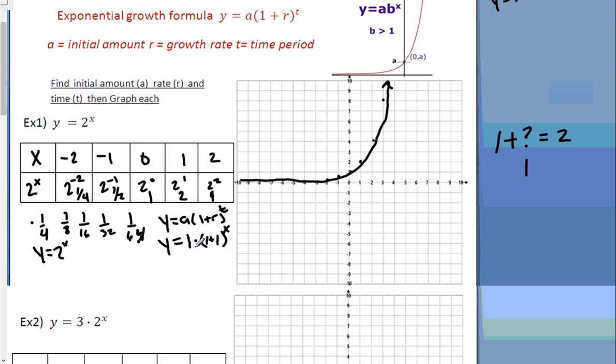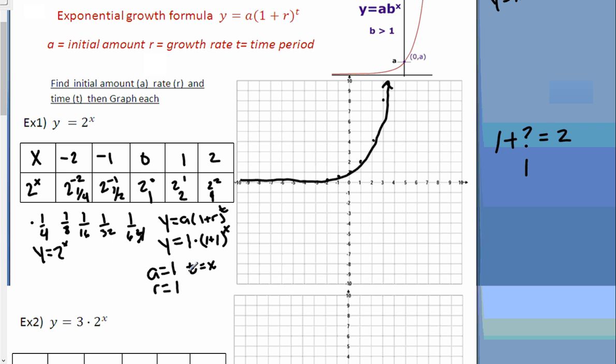This 2 to the x is the same as 1 times 2 to the x, so I can put a 1 there. Okay? So what is my a number? 1, because a is 1. What's my rate? My rate is 1. And my t is x.